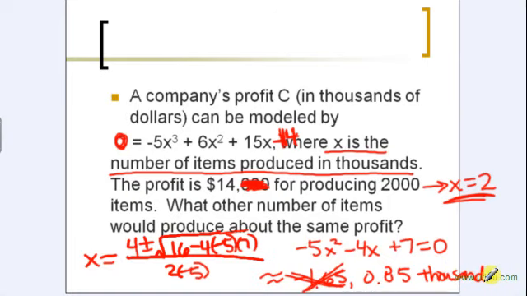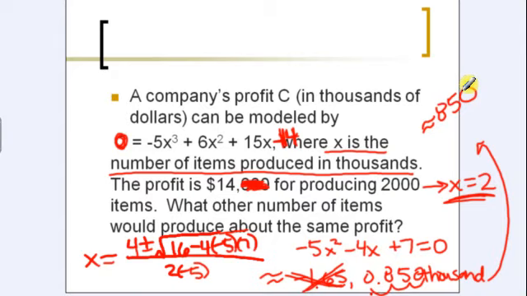Or we could move the decimal place over 3 times: 1, 2, 3, add a 0. So 0.85 thousand would be the same as 850. So we're looking at about 850 units produced would give us a profit of about $14,000.